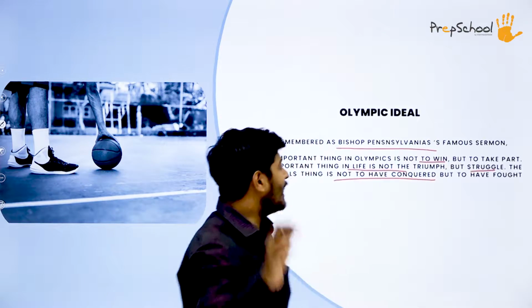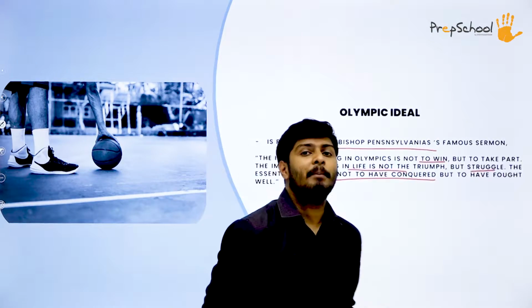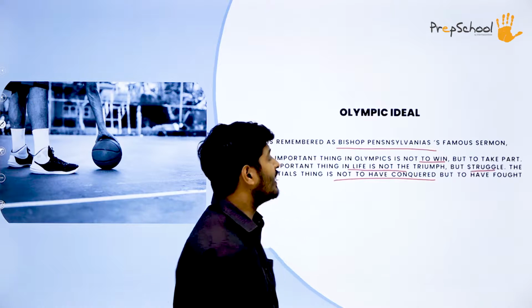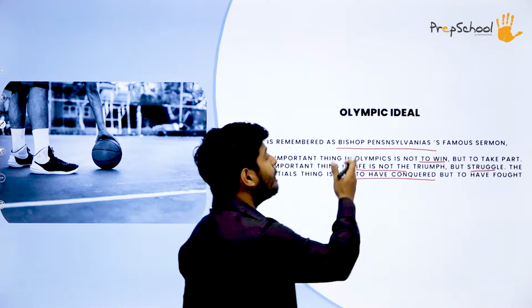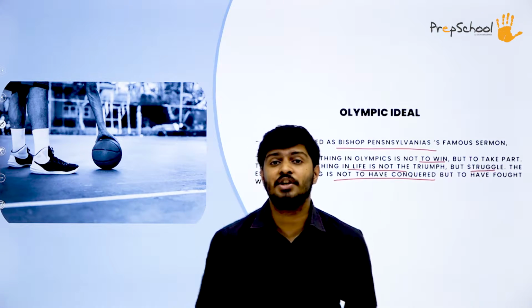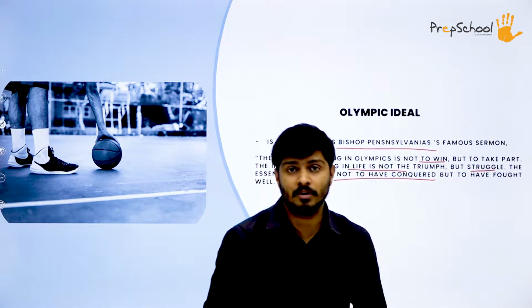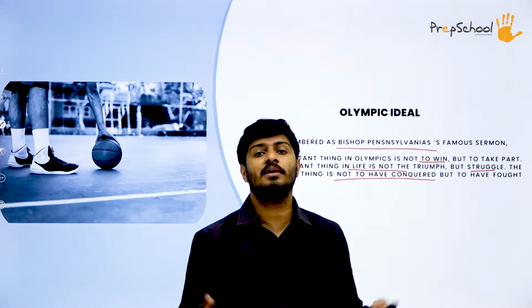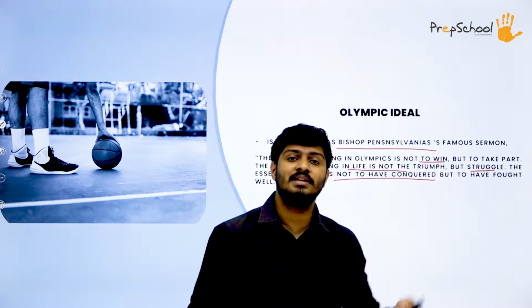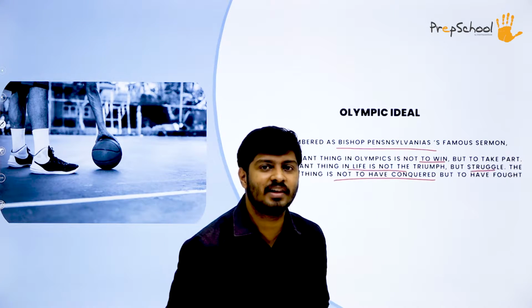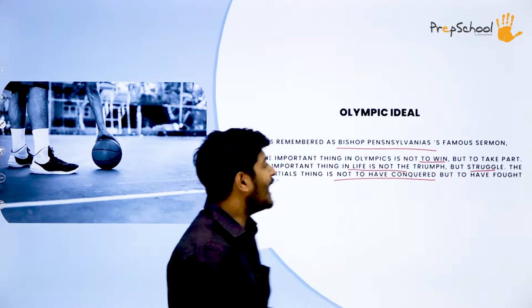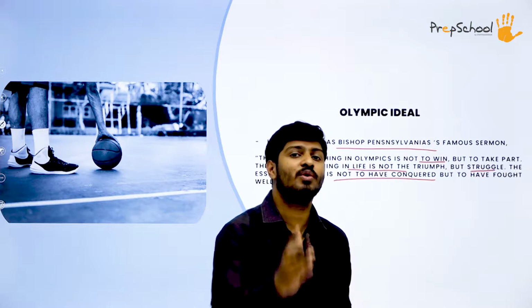Here you got one more name, that is Bishop Pennsylvania. In the last session we studied Pierre de Coubertin, or Baron de Coubertin, and what relevance he had in the Olympics. If you haven't seen it, you have to go back and check session 1. So we have important names in this chapter. I recommend you write them down.